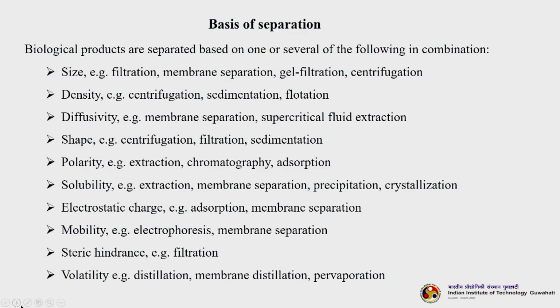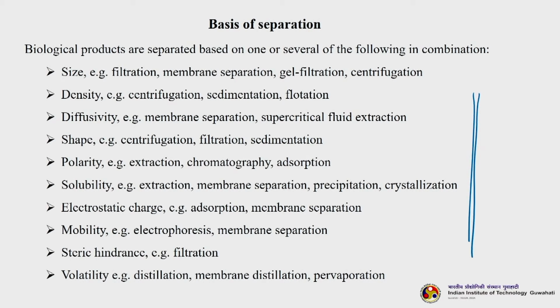The basis of separation is basically there are many. Some of these we have already covered in our usual membrane separation. The first one is size, of course, the second one is density, then diffusivity, shape, polarity, solubility, electrostatic charge, mobility, steric hindrance and volatility. Based on these parameters we can do separation.